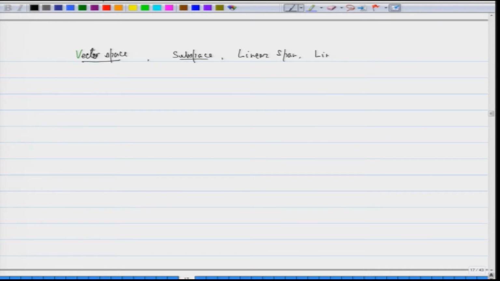Then linear combination. The ideas were related here, and then there was a notion of linear independence and dependence. So, we had learned all of them in some sense, fine.